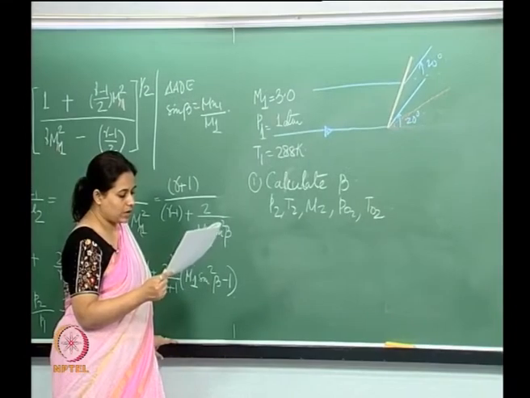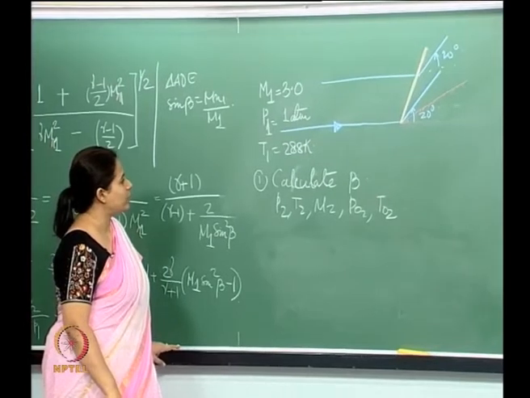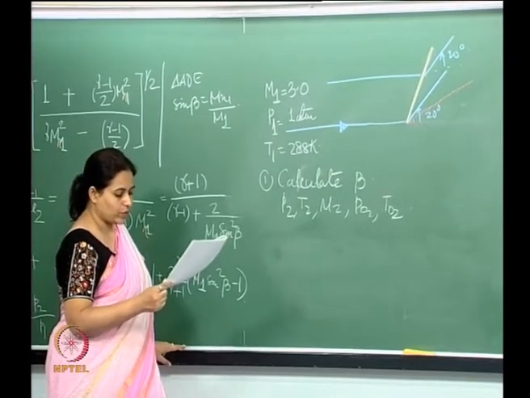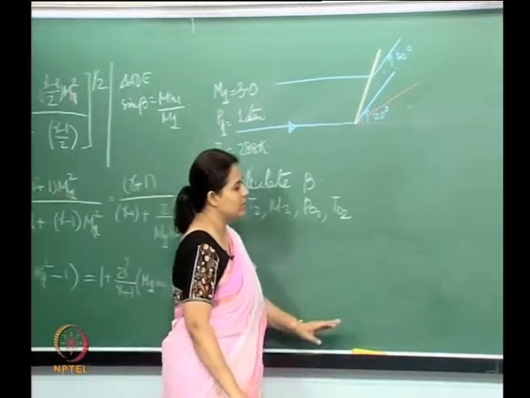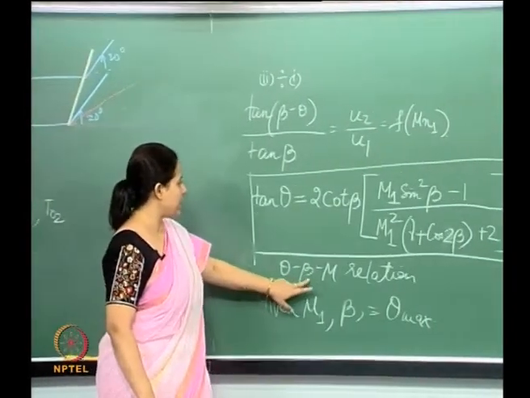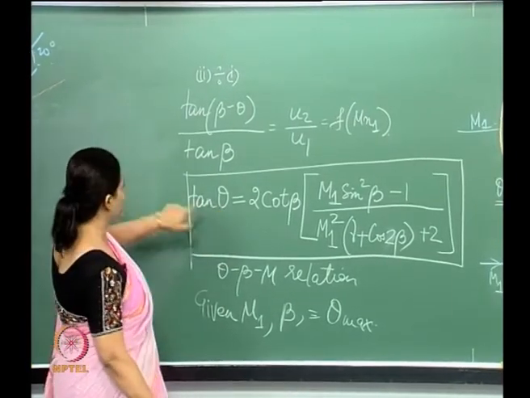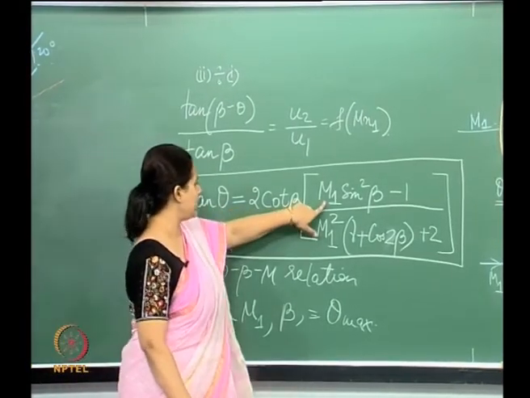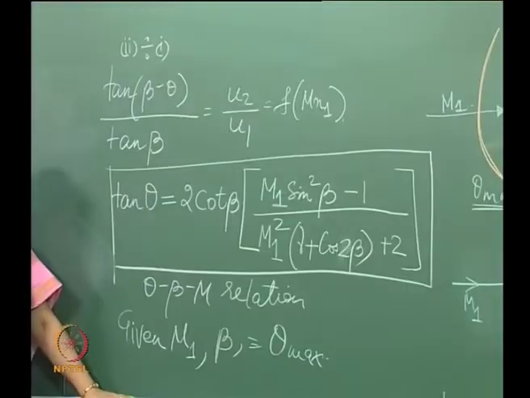So now what we shall do is find out the corresponding beta. Now we have seen this relationship, theta, beta, M. So we know theta is 20 degrees, M1 is 3. From this expression, we should be able to find out beta.